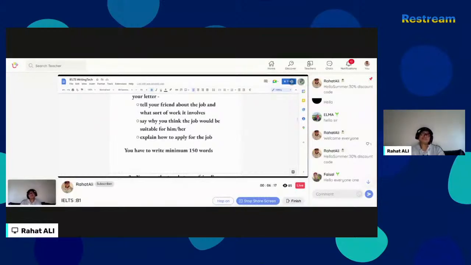Because very often I get this question from many students: teacher, I don't know whether my writings are correct or not, whether there is any grammatical error or vocab error.